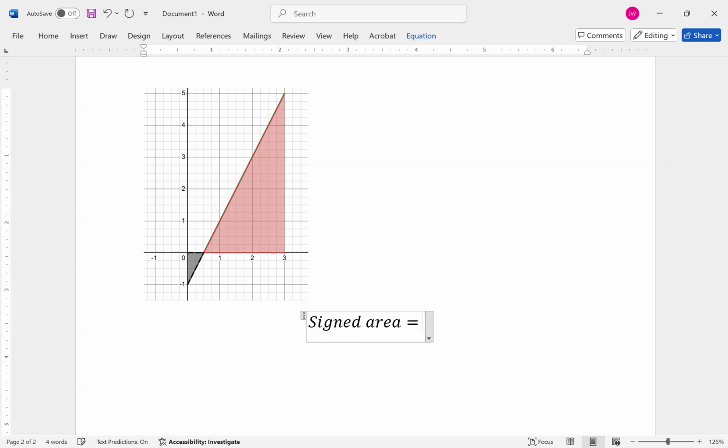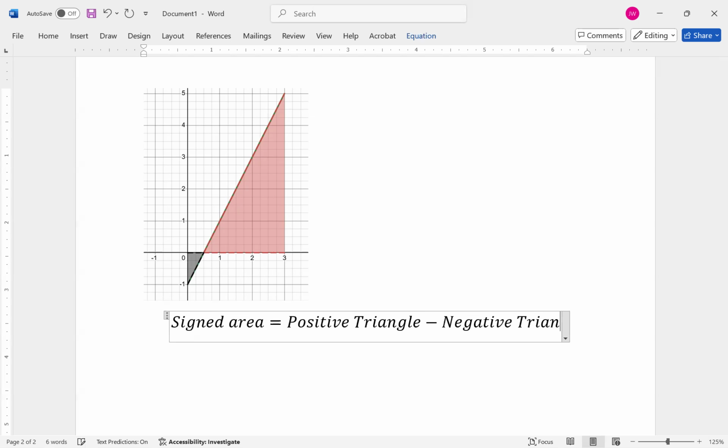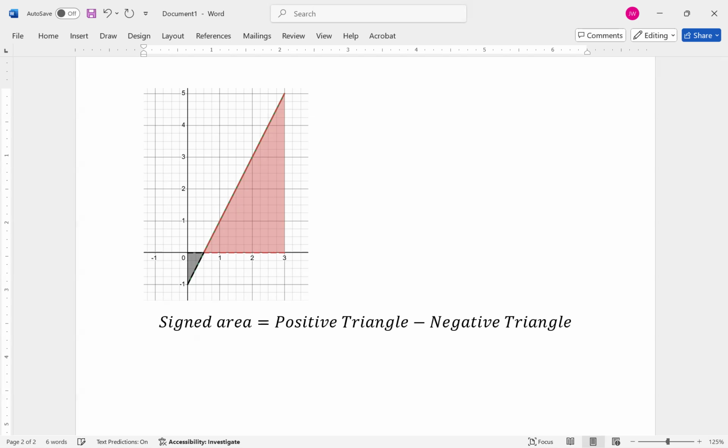Signed area is going to be this triangle, which I have in red, again, for positive. So I'll call it the positive triangle, minus what I'll call the negative triangle. That's the area for the positive triangle and the area for the negative triangle.